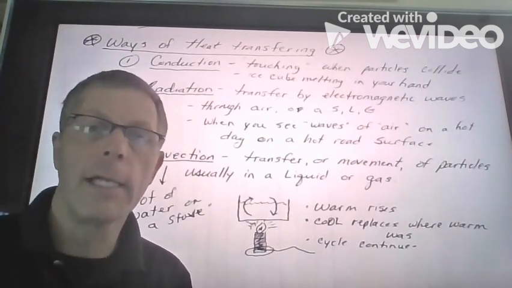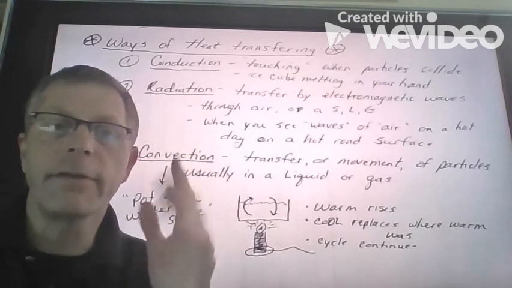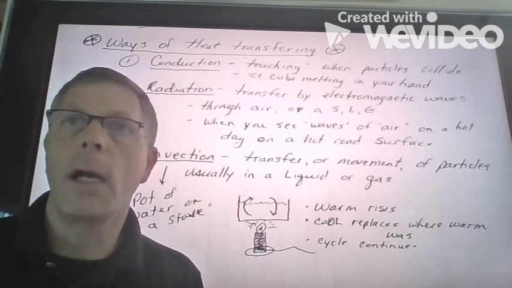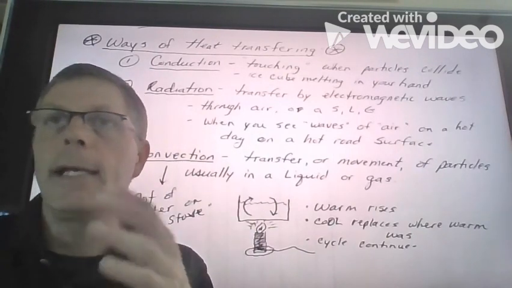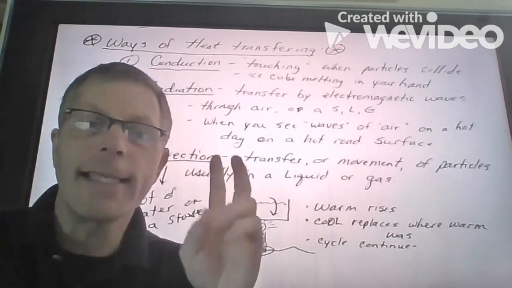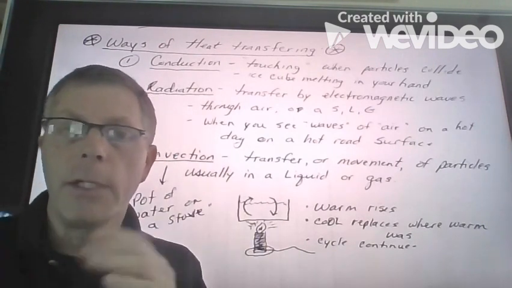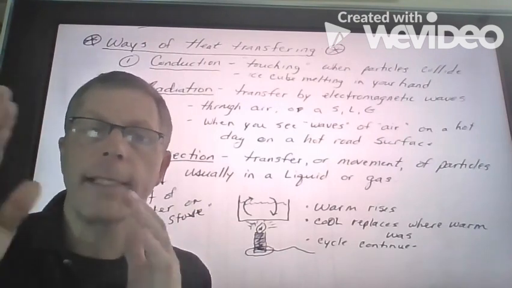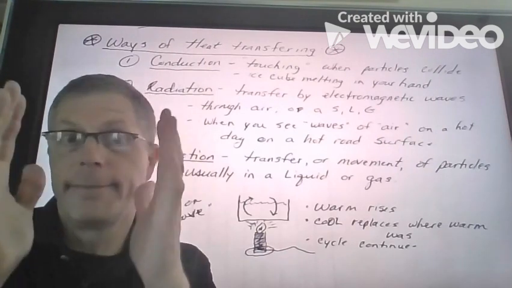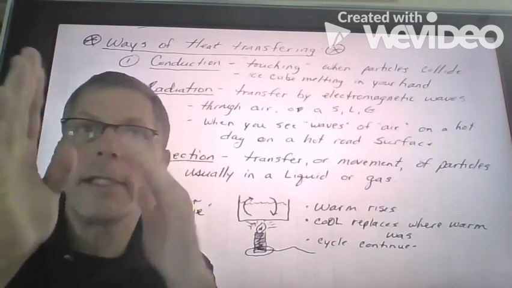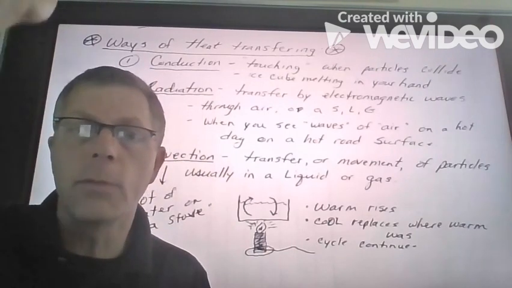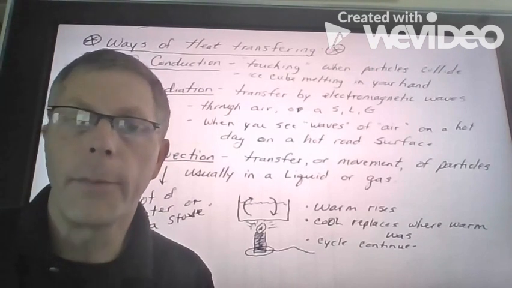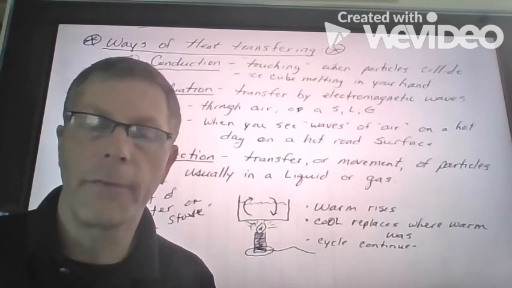That's radiation. When you can see waves of air, depending on if the situation's just right, you can see this thermal energy being transferred through these electromagnetic waves. You see the invisible air, if you will, but it gets all wavy as it's moving up and away from the warmer area or the warmer surface.